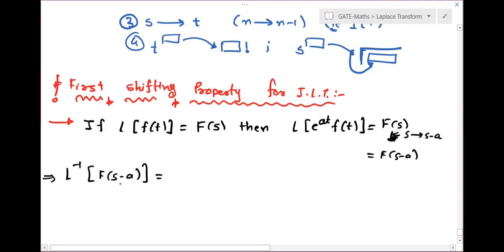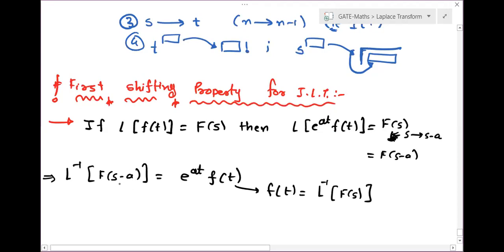First convert this s minus a in terms of s, so it will be e to the power at into f of t, where f of t is your Laplace inverse of F of s. Is it clear? Right.